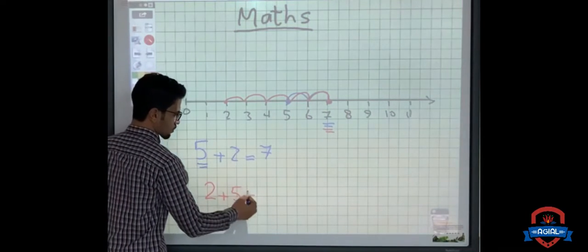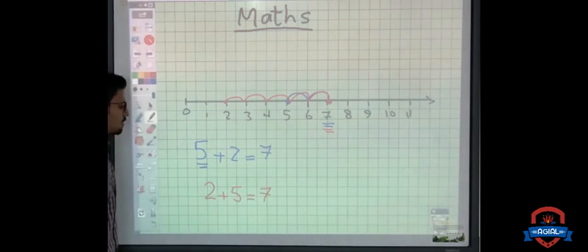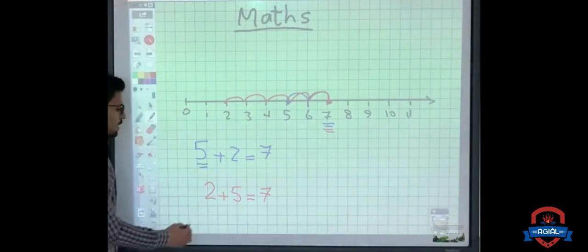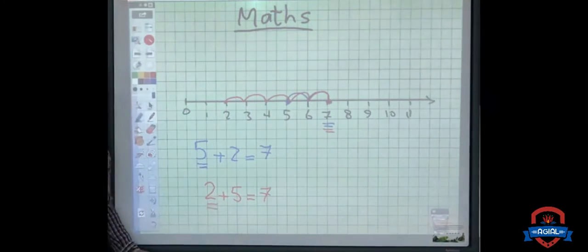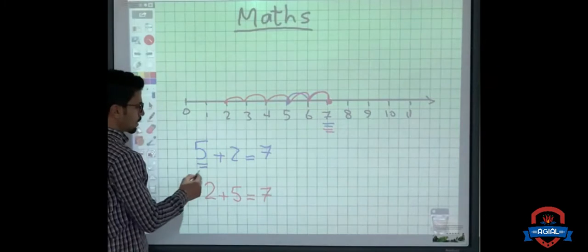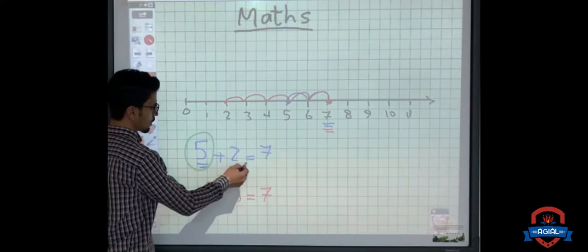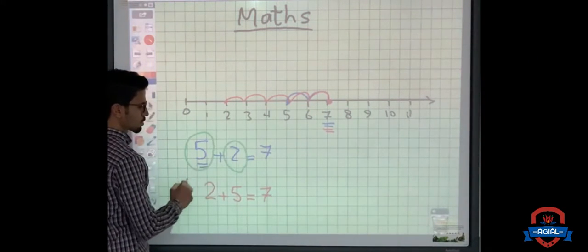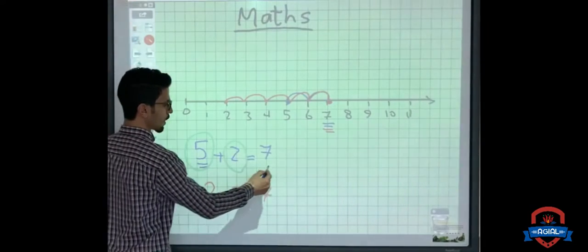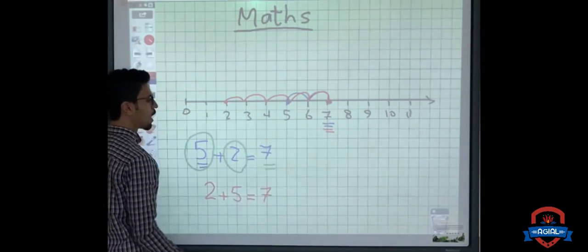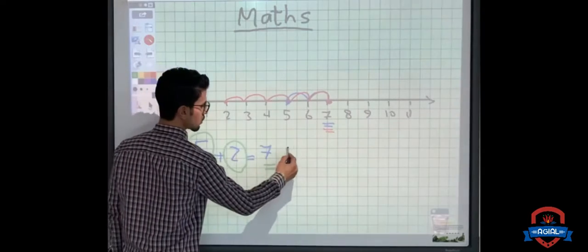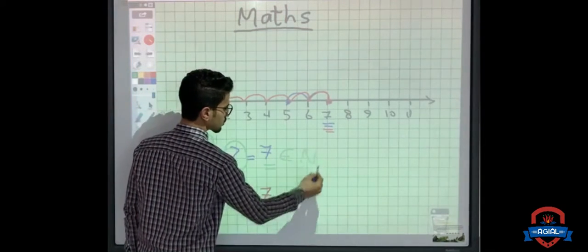So 5 plus 2 is equal to 2 plus 5, and that's called the commutative property of addition. And notice that if we add any two natural numbers like 5 and 2, the sum will be a natural number. So 7 belongs to the natural numbers.